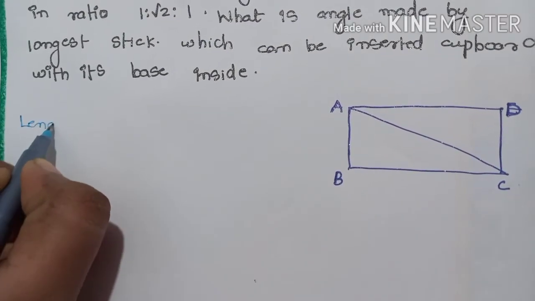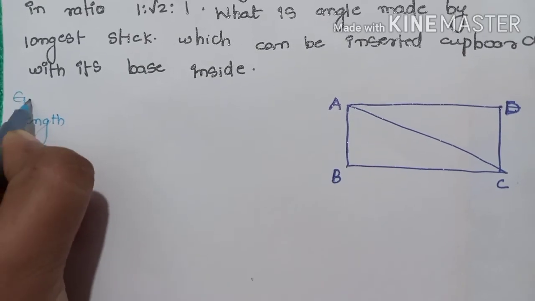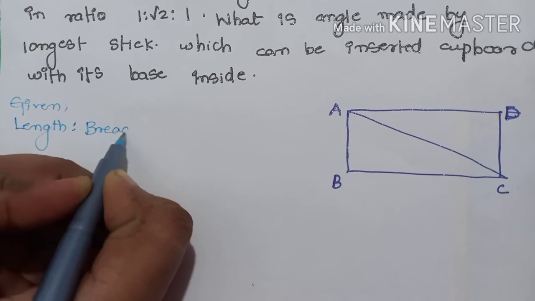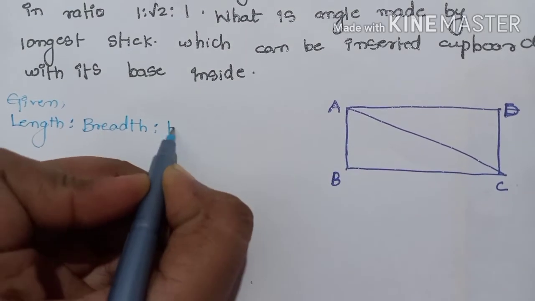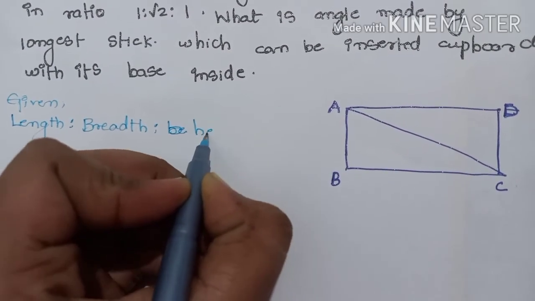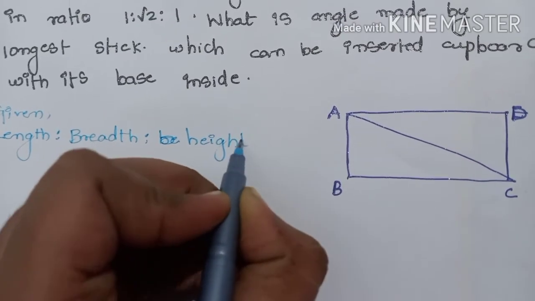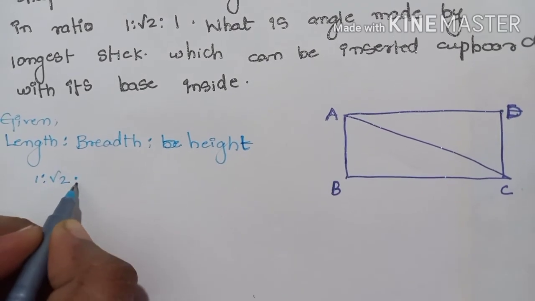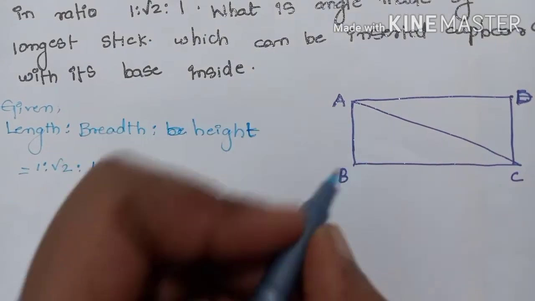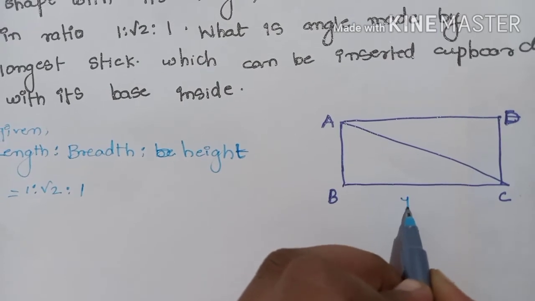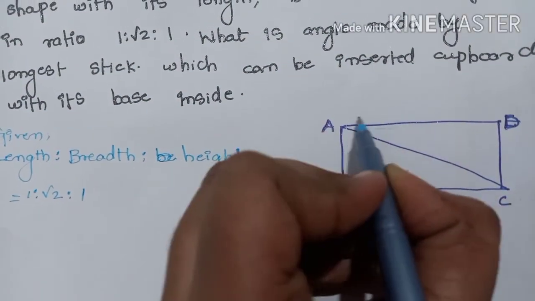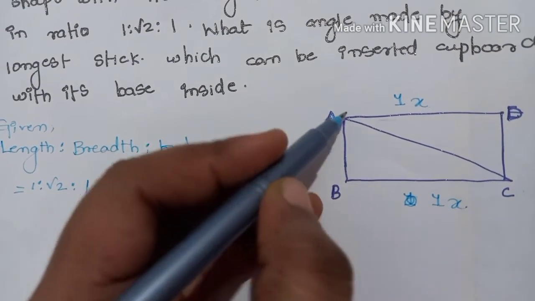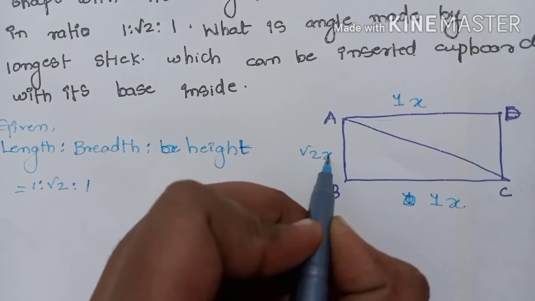They have given the length to breadth to height in the ratio 1:√2:1. Now here the length is 1, so let us consider AD as 1x, and obviously this will also be 1x, and then AB which is √2x.